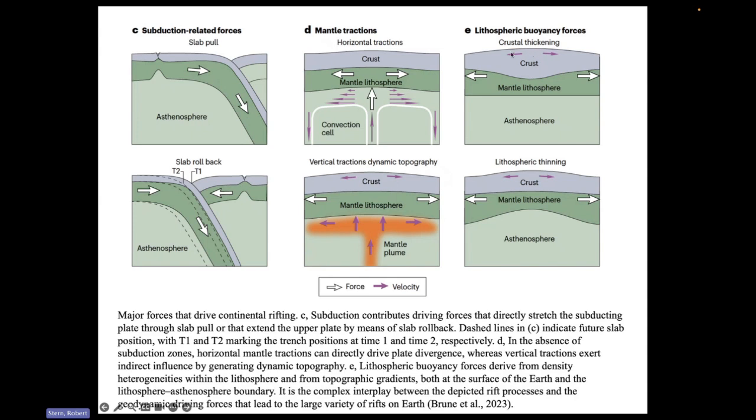And then that will allow flowage away, and you'll get lithospheric thinning. Okay. So this would be an active style of rifting, and this would be a passive style, and this would be passive too.